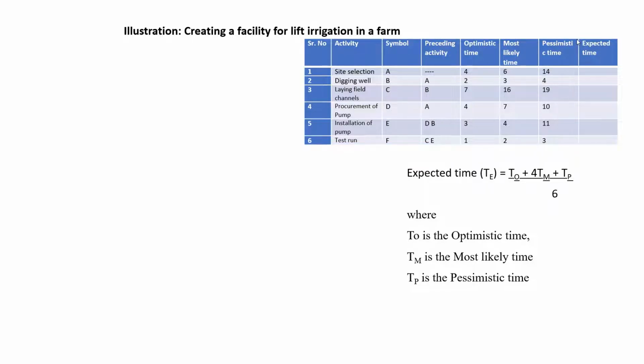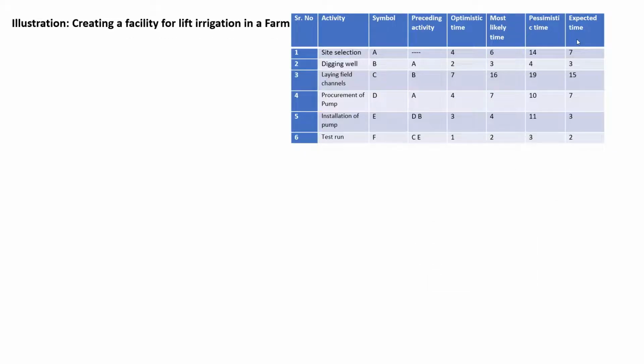So let us proceed. First we will have to calculate the expected time with the given formula. So this is how we are going to see this particular table once we calculate the expected time. For site selection, using the formula we have calculated, the expected time comes to 7 days.